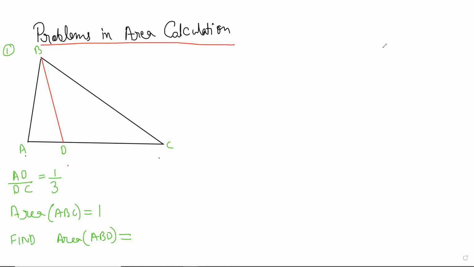It is 1/4, you're saying. Okay. So can you give a reason? Height is, yeah, half into h into x.